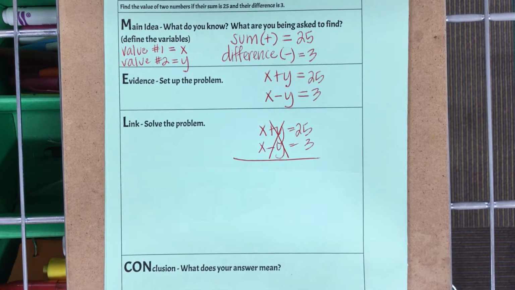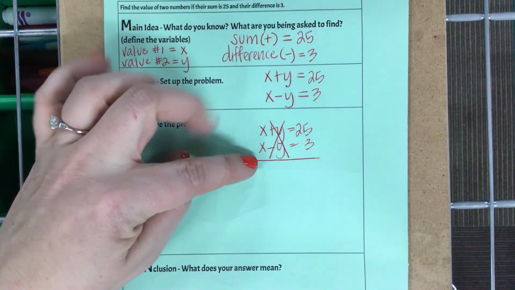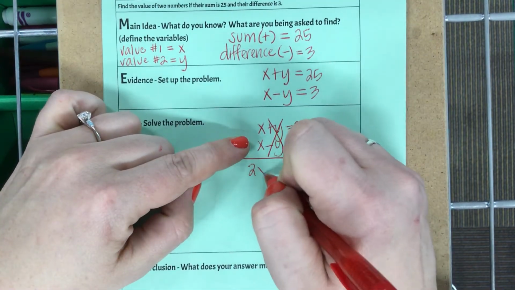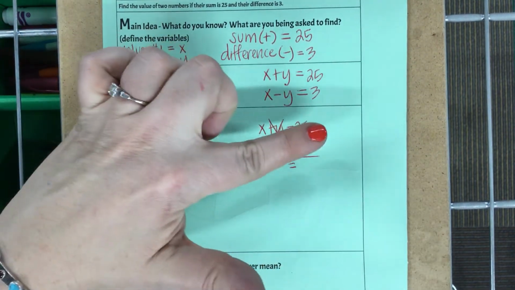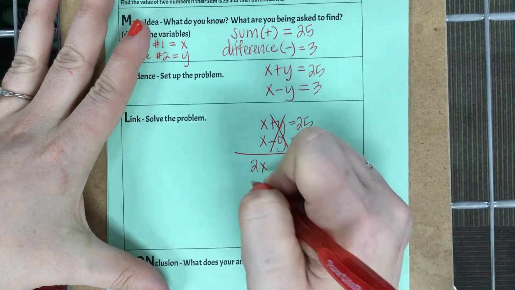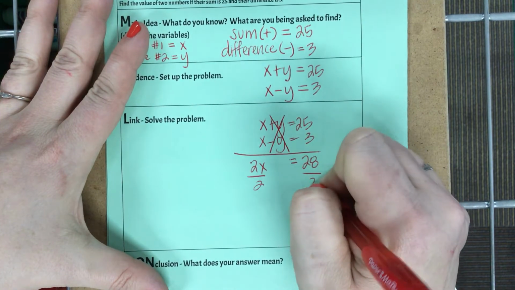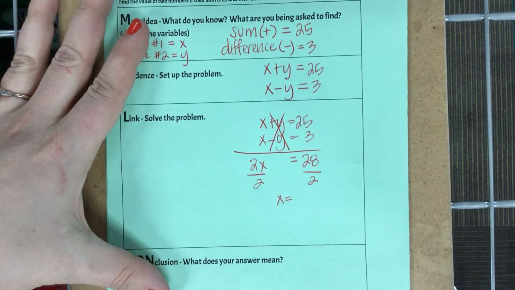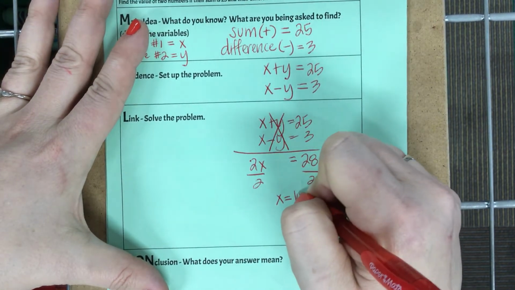Now I'm going to combine like terms vertically. What do I get with x and x? 2x equals, what do I get with 25 and 3? Divide by 2, divide by 2, x equals, am I done?